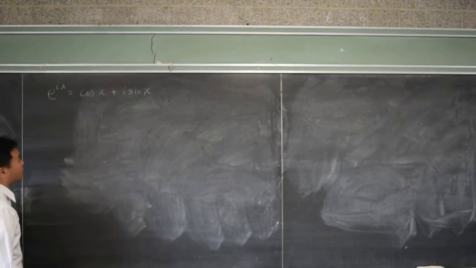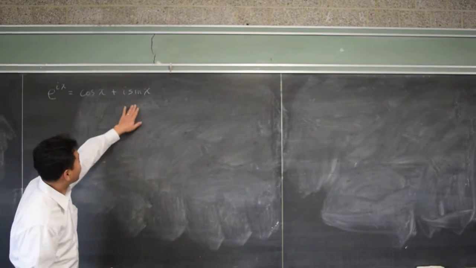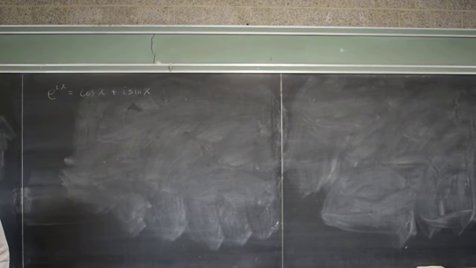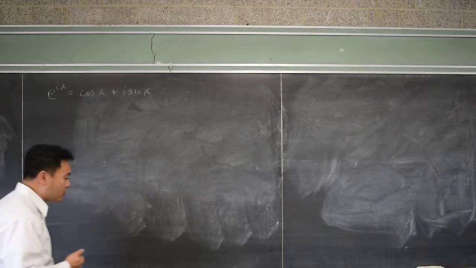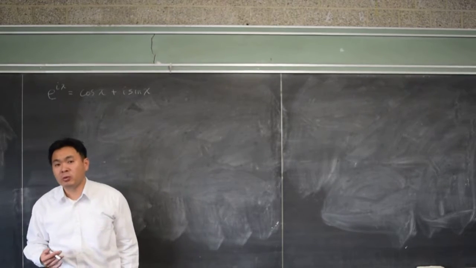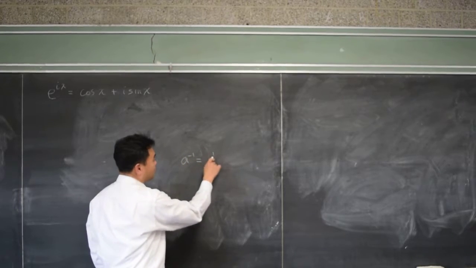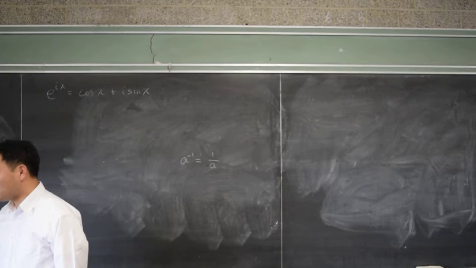So let me try to explain why this is true. Actually, it's just an identity which satisfies good properties. If you recall, when we decided that a to the negative 1 should be 1 over a, it wasn't something that we proved.